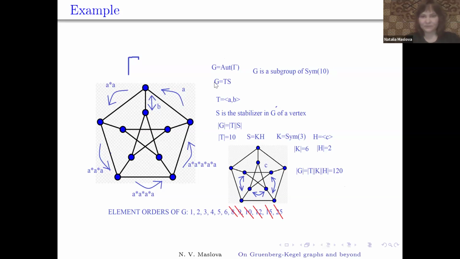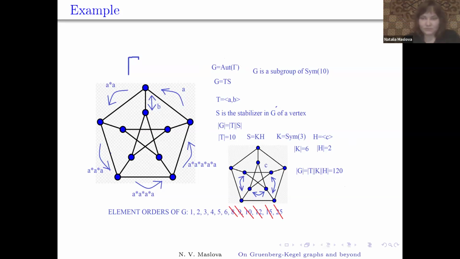So we can use the Frattini argument, and the order of this group has a factorization: this regular subgroup times the point stabilizer. And it's not hard to find the order of the point stabilizer. Here you can see all the calculations.